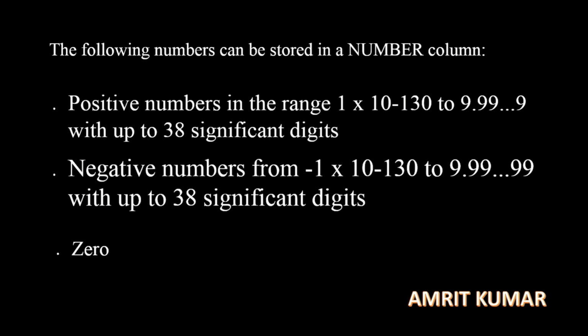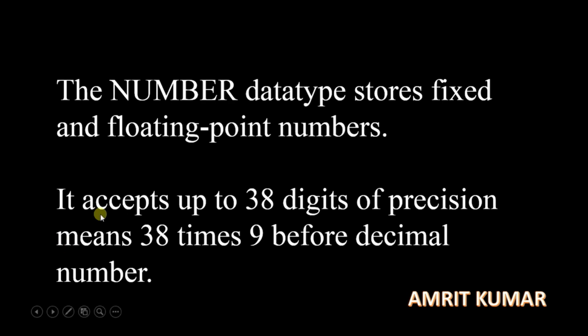Now if we are talking about the number, here you are seeing that the number data type stores fixed and floating point numbers, and it can accept up to 38 digits of precision. That means 38 times 9 before the decimal.